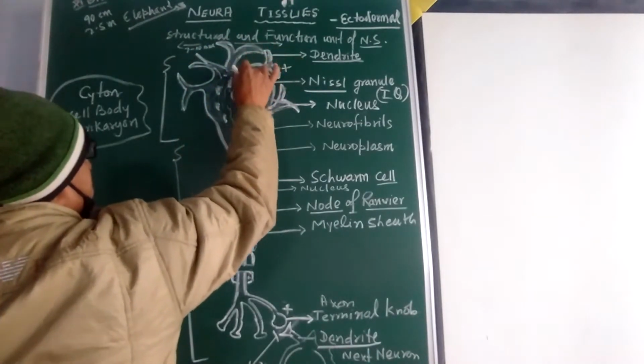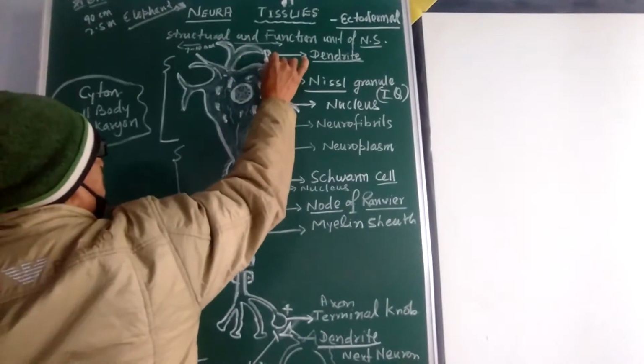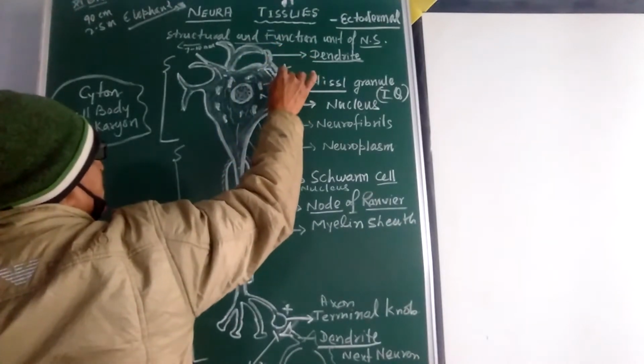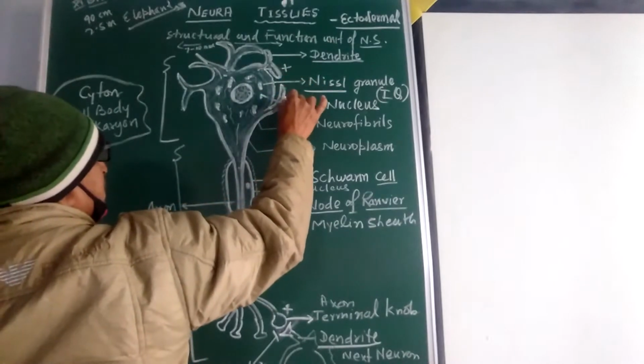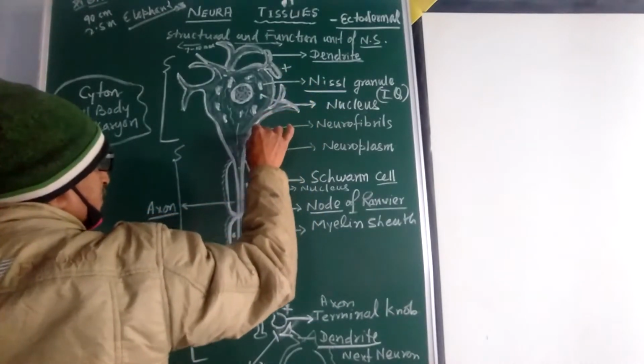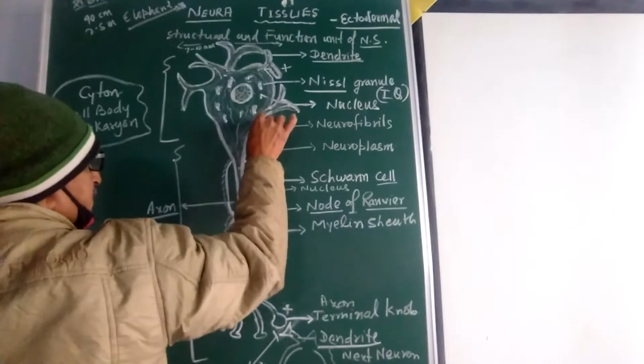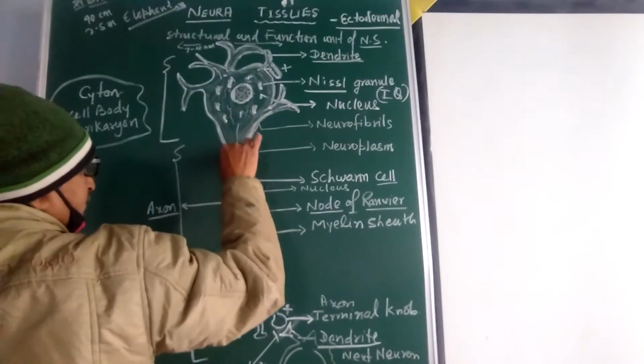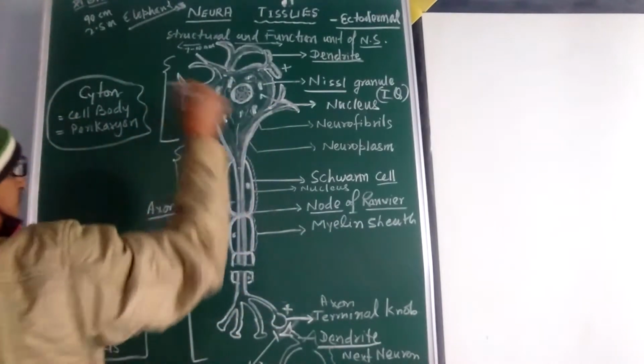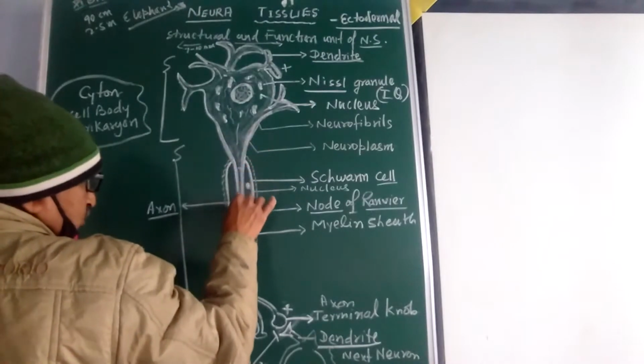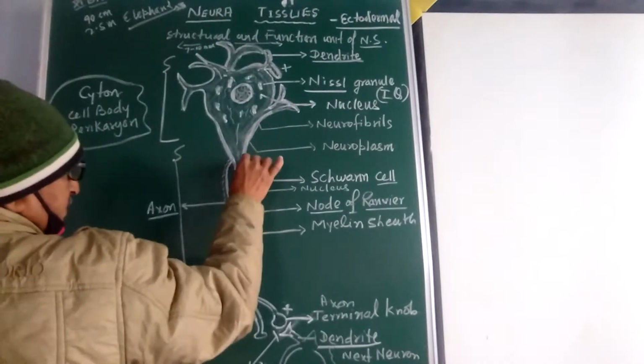Many processes develop, and these are called dendrons, arising from the cell body. It is a cone-like structure here. At the ending of the cell body, the axon starts. Come to here, axon.